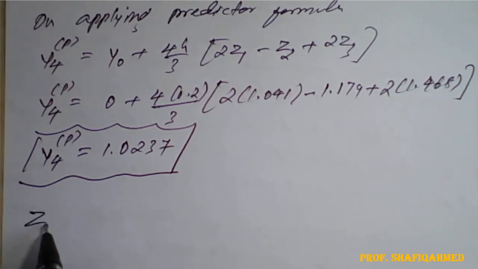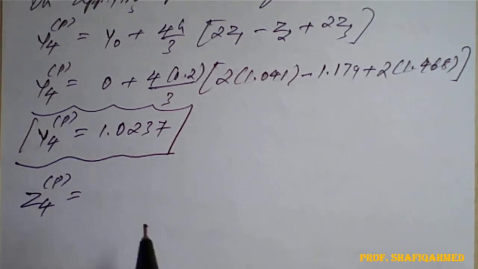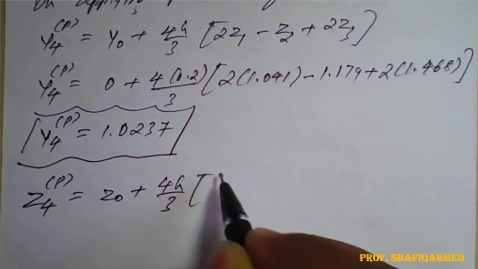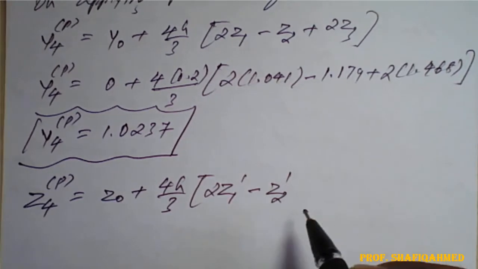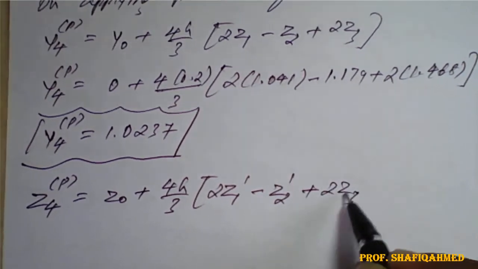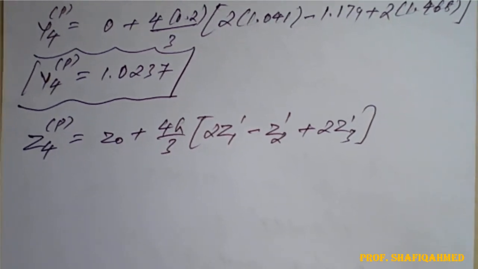Similarly, we need to calculate z4 of p also. The formula for z4 of p is z0 plus 4h upon 3 bracket 2 times z1 dash minus z2 dash plus 2 times z3 dash. So in this formula we'll apply the values from the table.